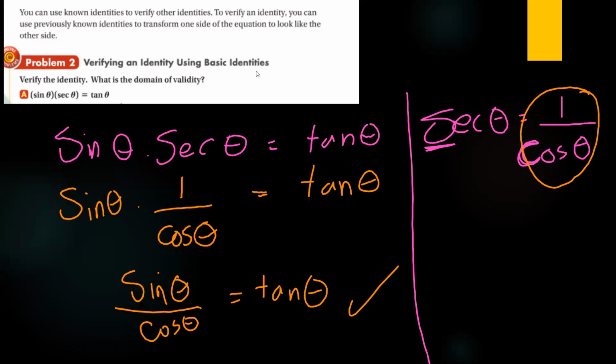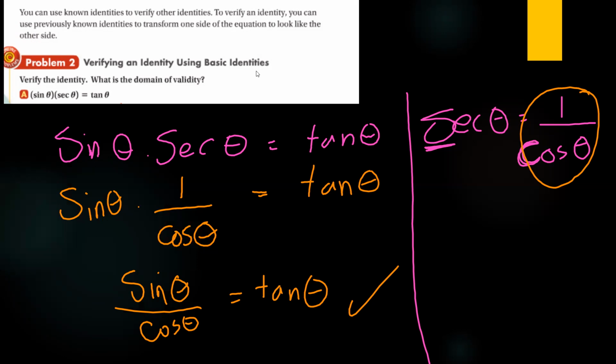Teacher? Yes. Can they say secant times 1 over sine? Secant is 1 over sine? No, secant is 1 over cosine. Can I say this one? No. It is an identity.